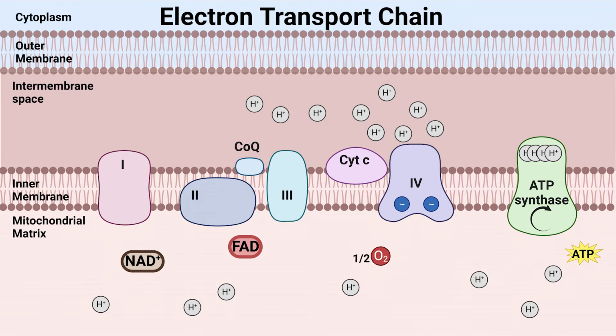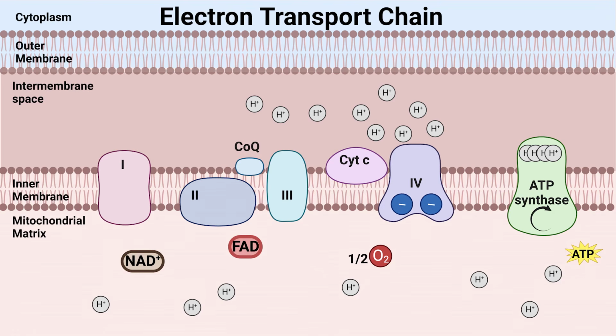Now at the end of this final stage of cellular respiration, if you want to be specific, right at the end of the electron transport chain, that oxygen becomes so important. Because those electrons that started in glucose, that moved through NADH and FADH and then through the electron transport chain to the end of complex 4, are now transferred to oxygen.